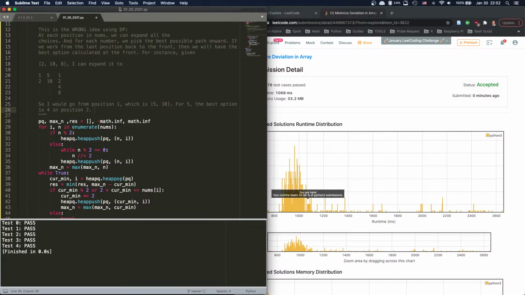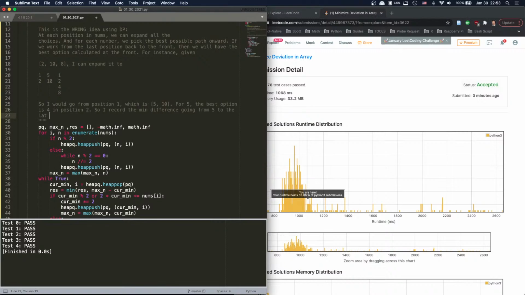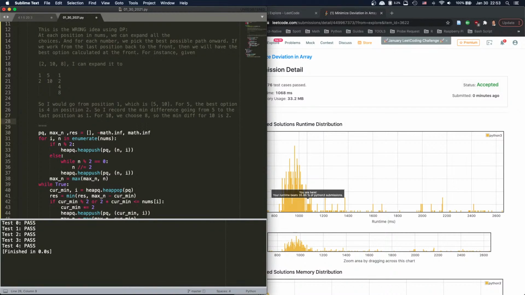So I record the min difference going from 5 to the last position at 1. For 10, we use 8, so the min shift to 10 is 2.